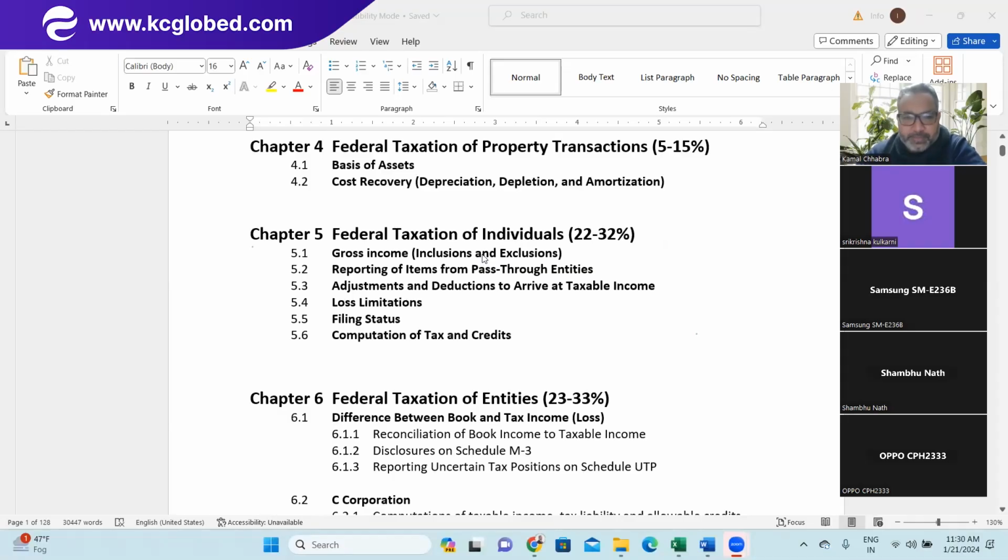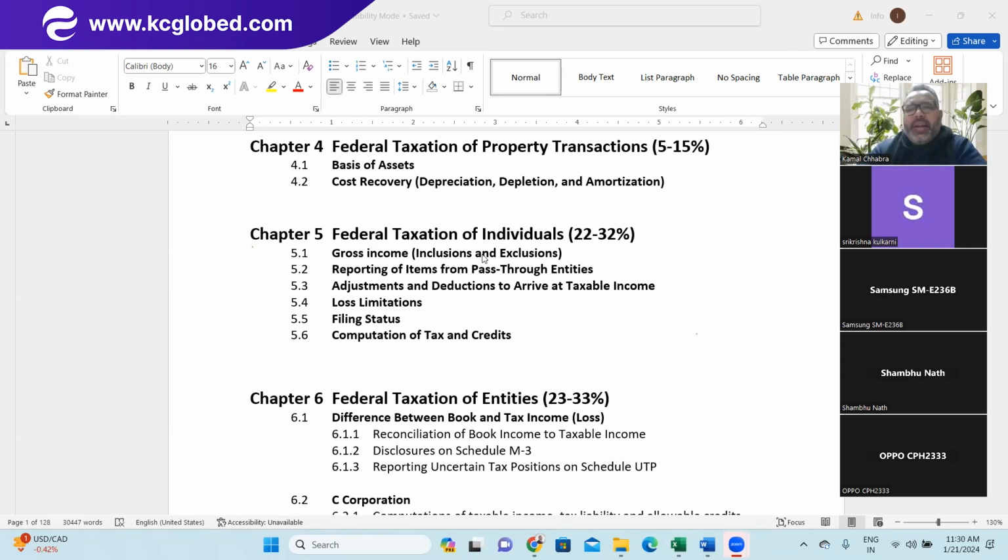In the US taxation part, the fourth chapter relates majorly to capital gain, right? There we'll be understanding in detail what the basis of an asset is. This relates to property, plant and equipment. When you think about property, plant and equipment, the very first thing that comes is the value.